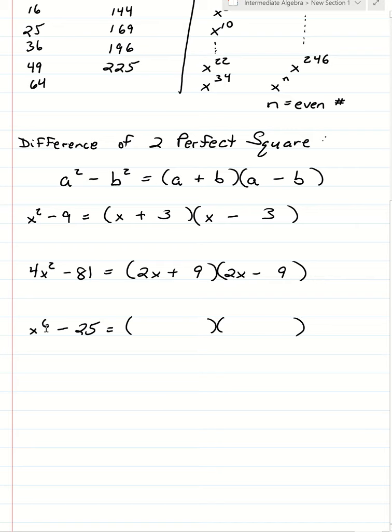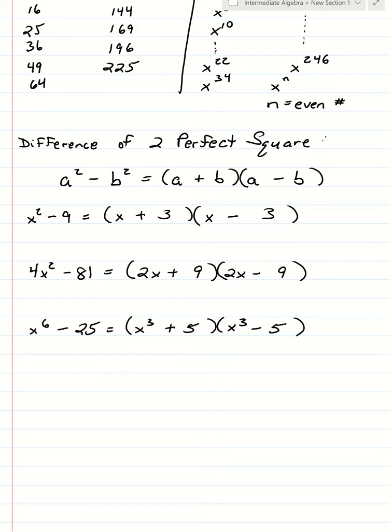Factors of x to the 6th, that of course would have to be x to the 3rd times x to the 3rd. I know I need one plus, the other minus. Factors of 25 would have to be 5 and 5. Okay, here we have once again the difference of two perfect squares.